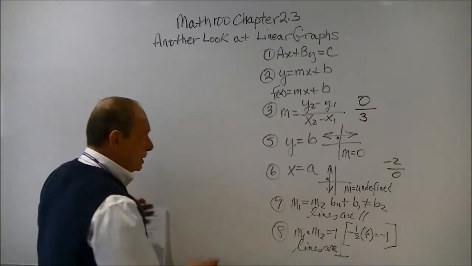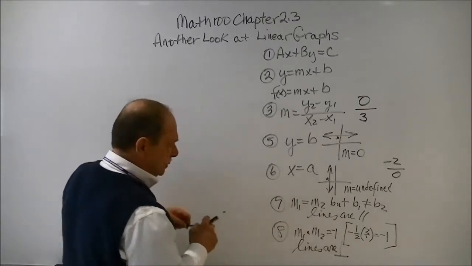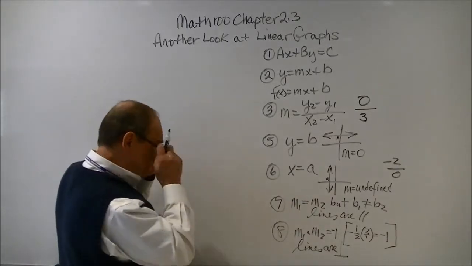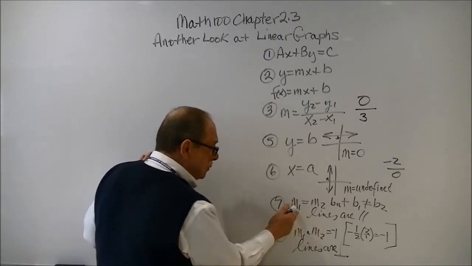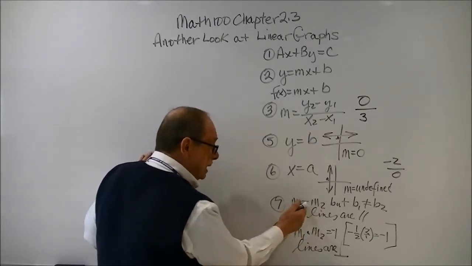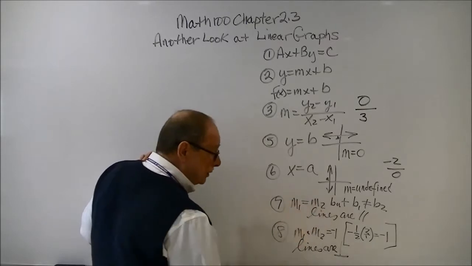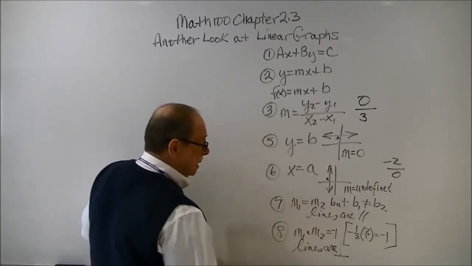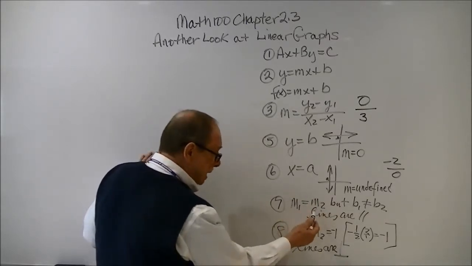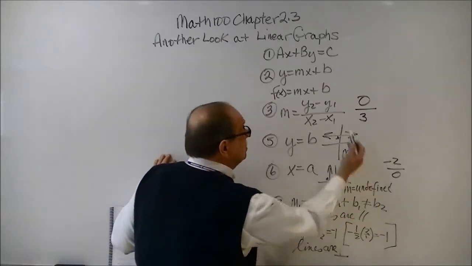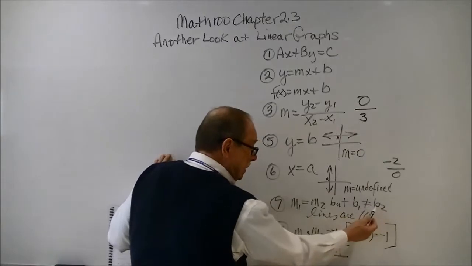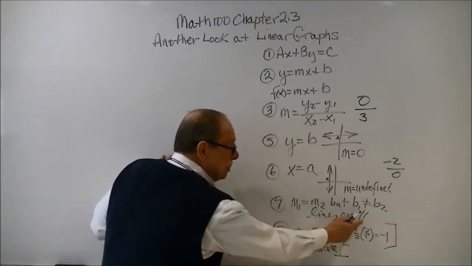And these are two other hints as opposed to formulas. If you find the slope of one equation and it equals the slope of the other equation, that is, the slopes are the same, but the y-intercepts, the b part, are different, then the lines are parallel.